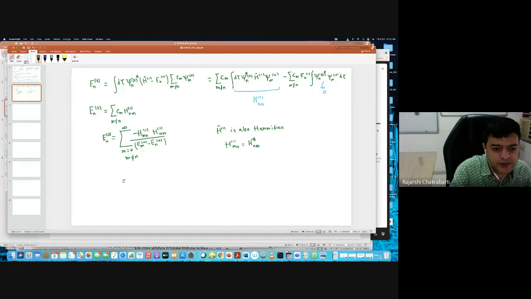The next term would be minus, you took it out, H1 nm star times H1 nm divided by Em0 minus En0.